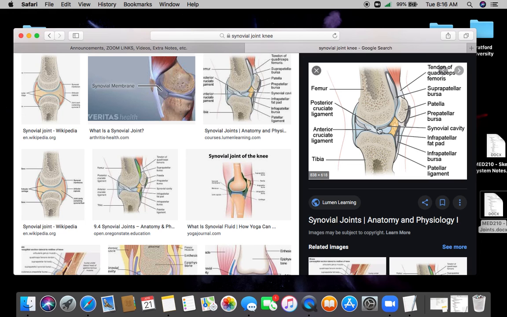The cartilage here starts to rub and tear, and there's less and less synovial fluid, and even sometimes this bursa or this pocket can get inflamed or infected, and then you get bursitis. Anything that messes with the joint space is called an arthritis, and multiple types of arthritis are called arthritides.